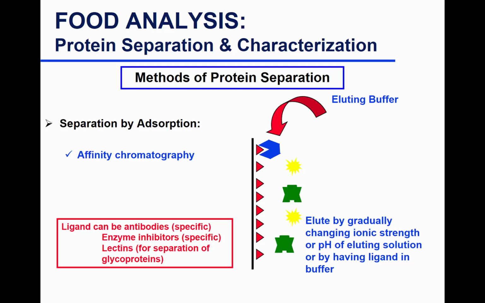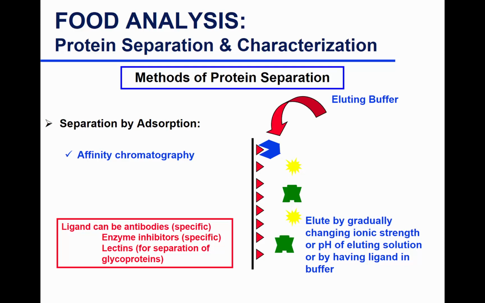And what you do is, once it is bound and everything else goes out with the wash, the way to get it out is you change the ionic strength or the pH of the buffer, because the interactions are very specific.